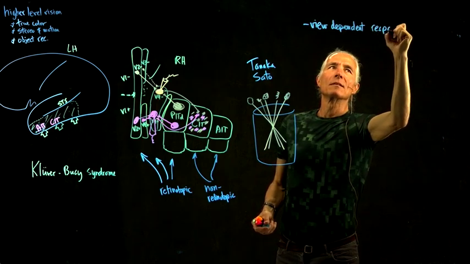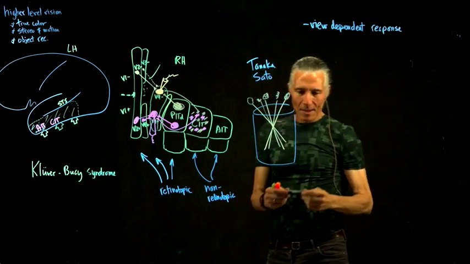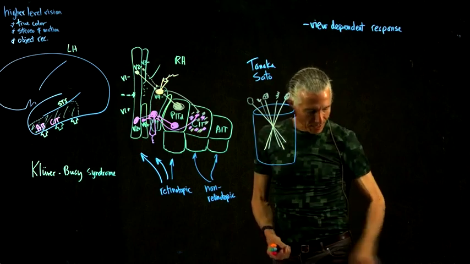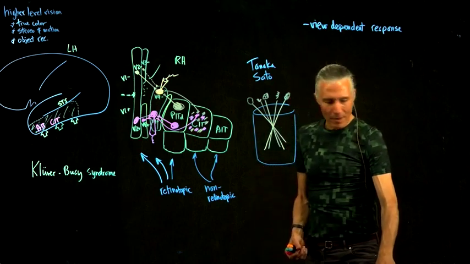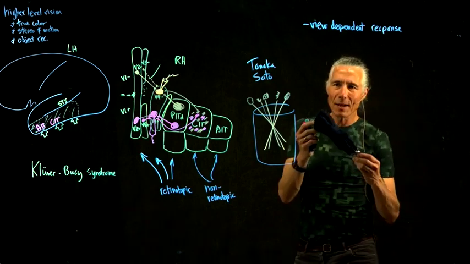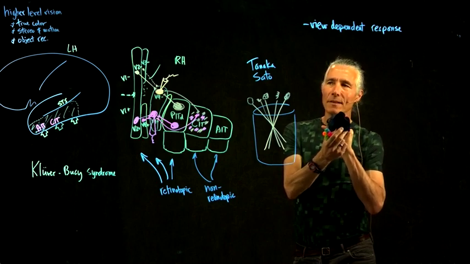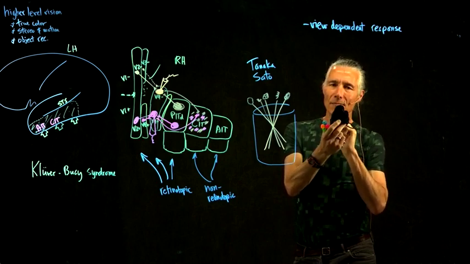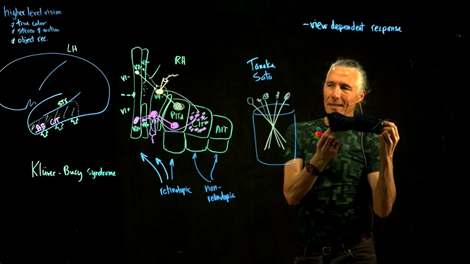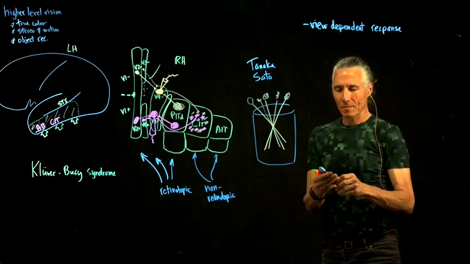They're not actually responding to an object in the sense of, I'm responding to this marker, whether you've got it like this. Well, a marker's not a very good thing. You need more of a three-dimensional object. So I'm responding to this umbrella, whether it's held like this or held like this. If you find an inferotemporal neuron that likes an umbrella like this, it's not going to like it like this.